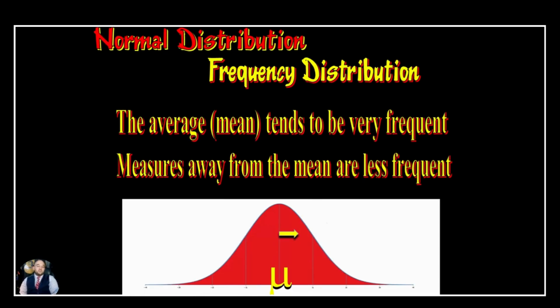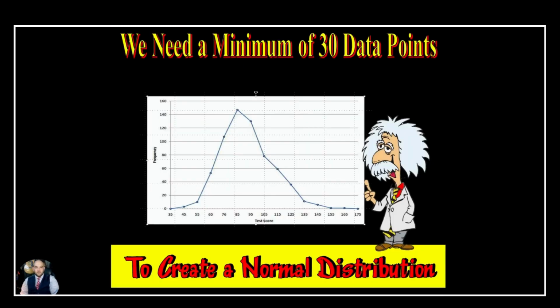Now, a normal distribution, you can also consider this a frequency distribution. The averages tend to be very frequent and measures away from the mean are less frequent. Now, when you look at this, you need a minimum of 30 data points to create a normal distribution.